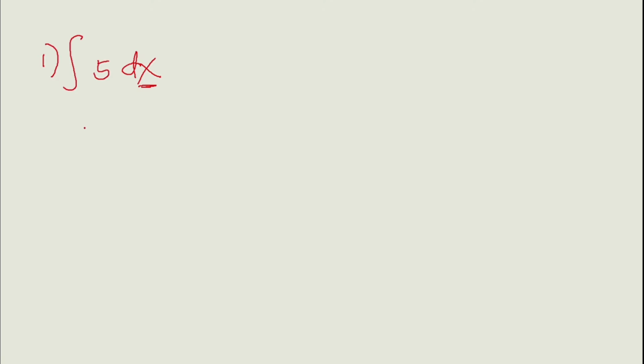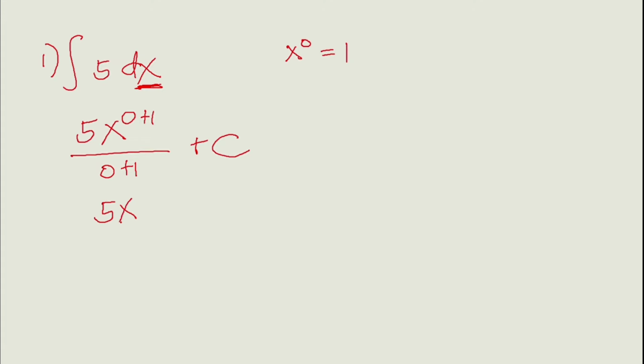By the use of I4, this is 5 times x raised to 0, and x raised to 0 is equal to 1. Since the variable of integration is x, we put x raised to 0 plus 1 over 0 plus 1. Since the general answer should have plus c for all constants, the answer is 5x plus c. So take note, it should have plus c.